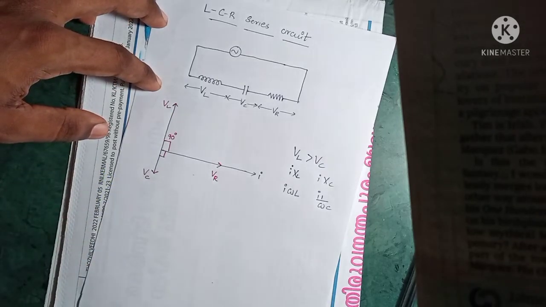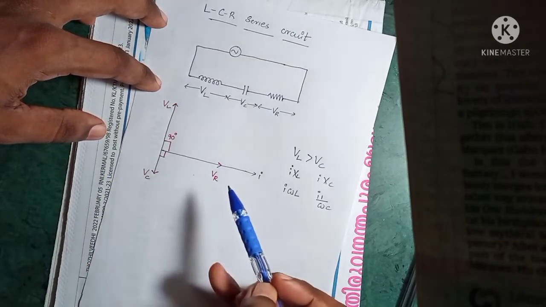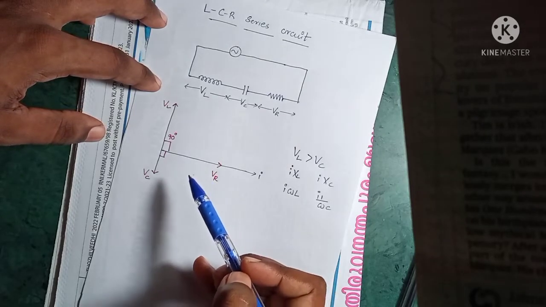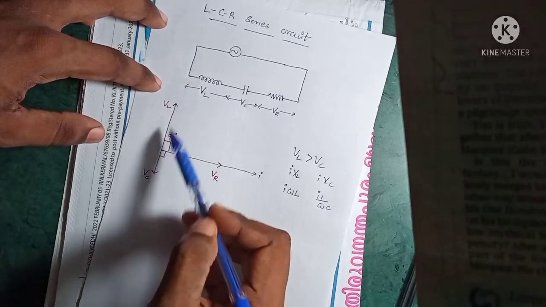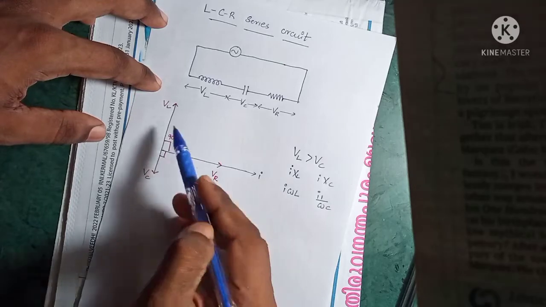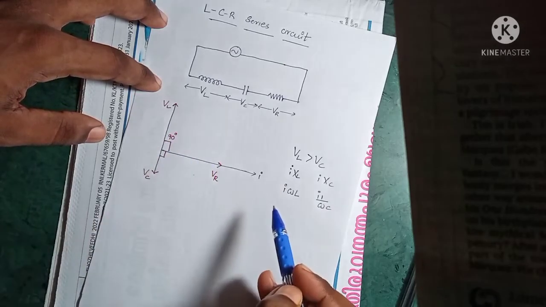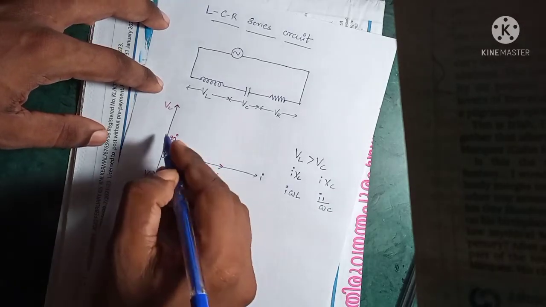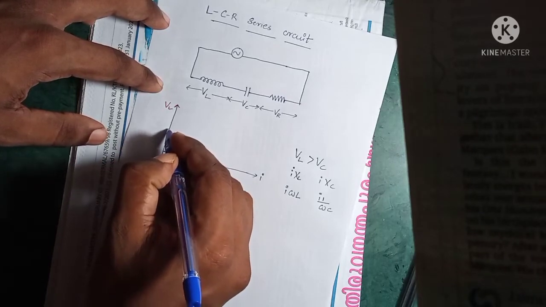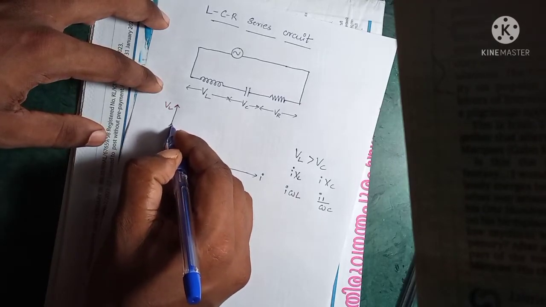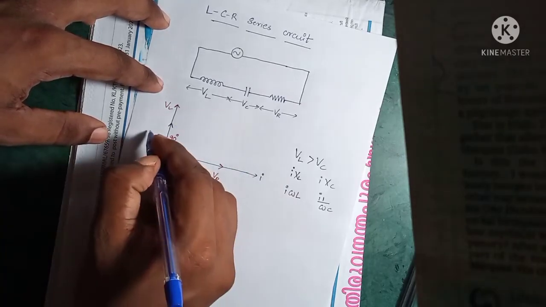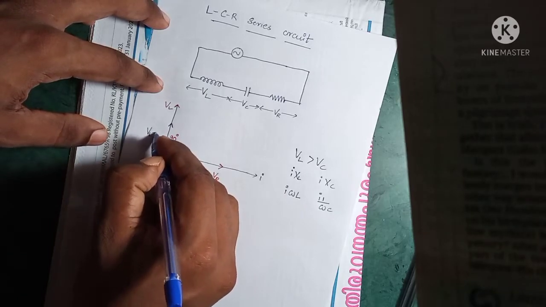Now the equivalent or the resultant value of VL and VC will be in the direction of VL, since VL is greater than VC. So this will be VL minus VC.